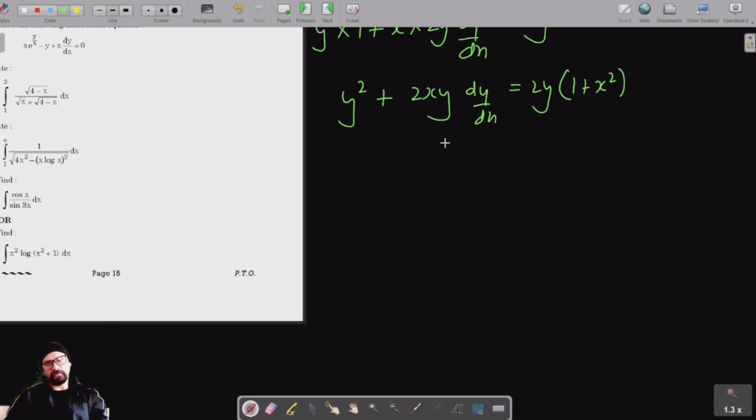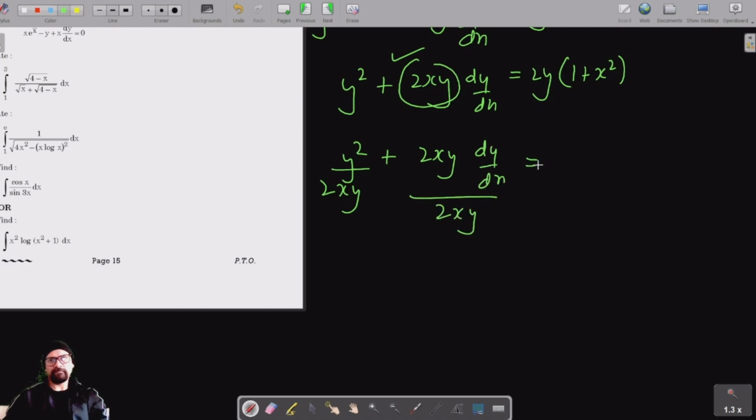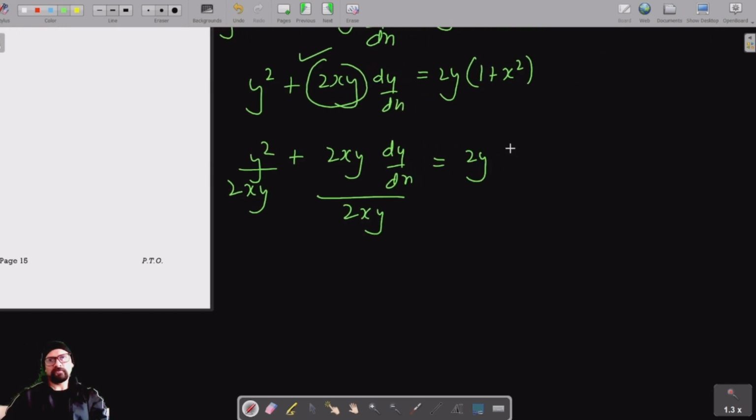Let's try to get it into some known form. For that, let's remove this 2xy. To remove this, we have to divide each and every term by 2xy. So y square upon 2xy, plus 2xy into dy by dx divided by 2xy, is equal to 2y into 1 plus x square upon 2xy.